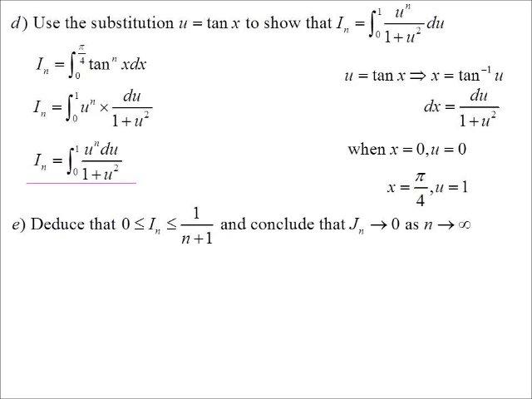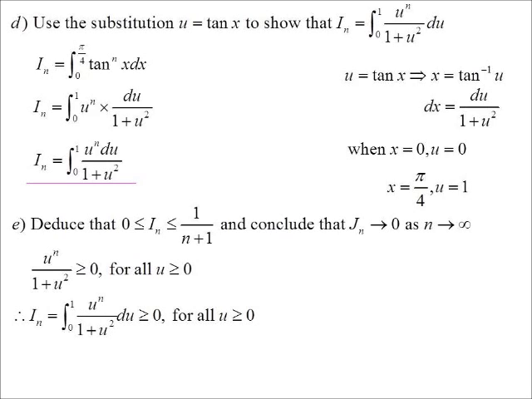Let's see. I_n, we have now shown, is this expression, the integral of 0 to 1. That is always going to be greater than or equal to 0. Because remember we're going from 0 to 1, so we're always substituting in positive numbers. Everything there is going to be positive. So there's no question I_n is bigger than or equal to 0.